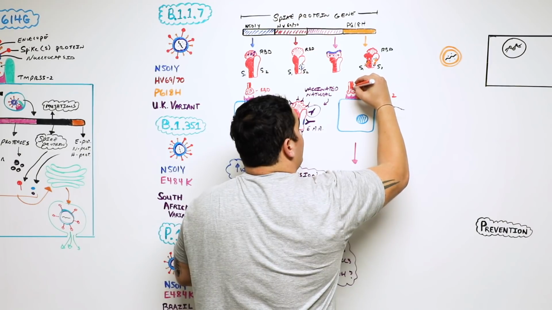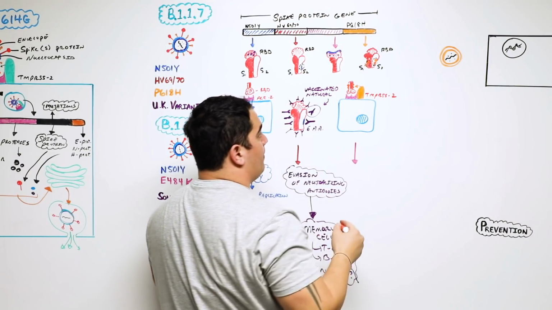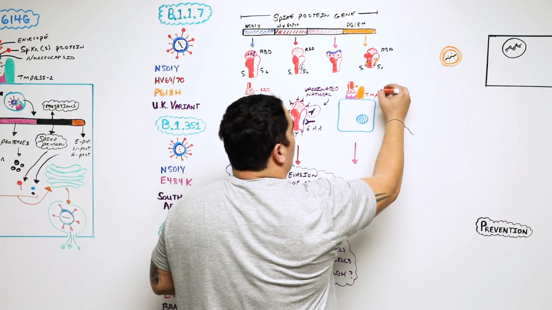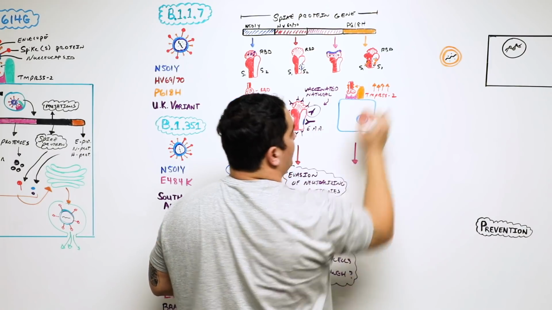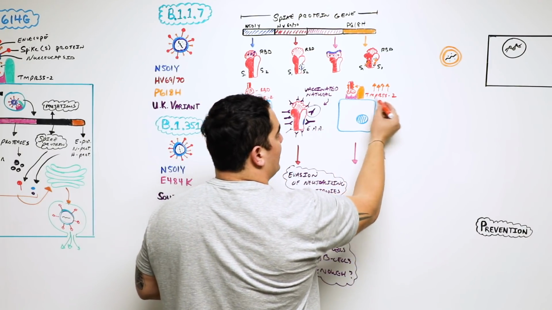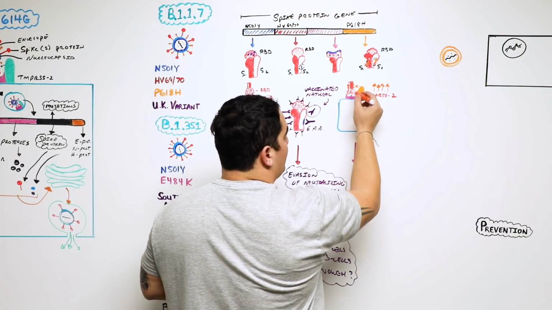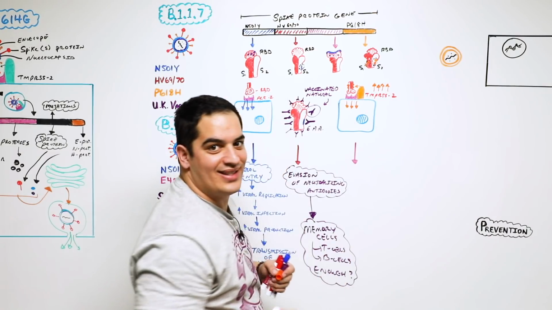Well, this P618H mutation may increase the activity of this cleavage site. If you increase the activity and interaction with this enzyme and you have this increased cleavage, what is this going to do? It's going to bring more virus into the cell.